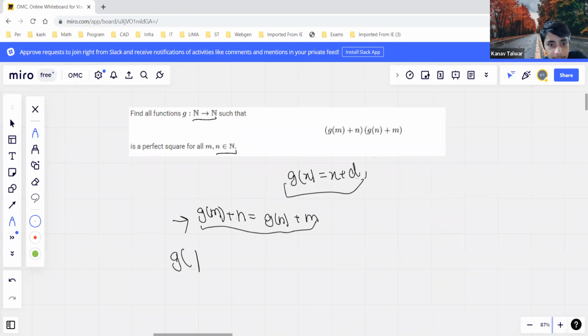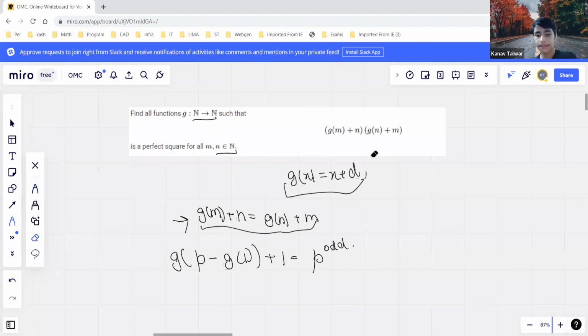Sorry, g of 1. There is a chat message saying that g(p) minus g(1) plus 1 is an odd power of a prime, right? And why should this be true? Let's see. Okay, I get it. Perfect, this is true.